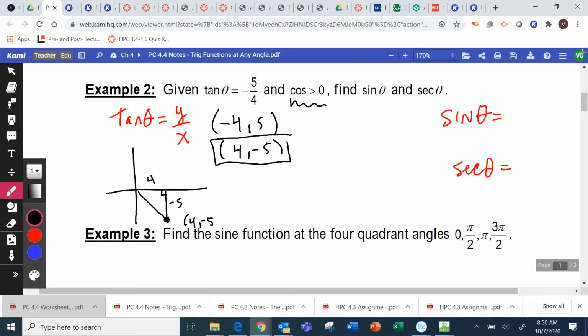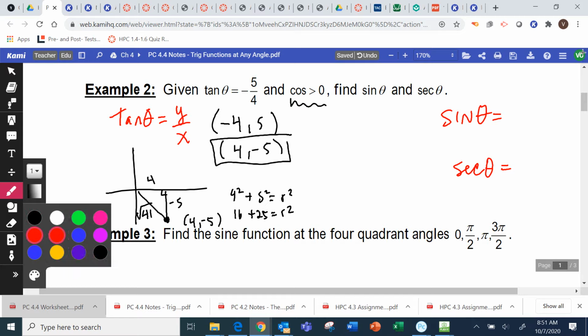So how do we find the radius? Pythagorean theorem. 4 squared plus 5 squared. So 16 plus 25. Is it square root 41? Yeah.